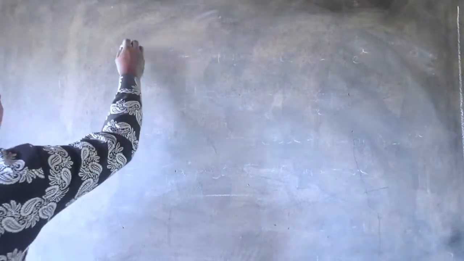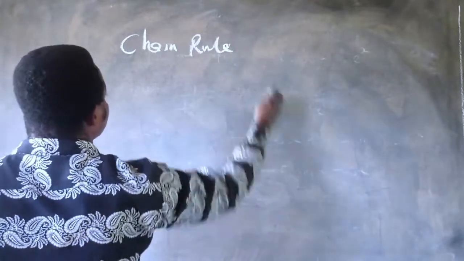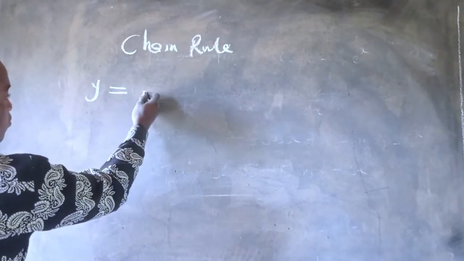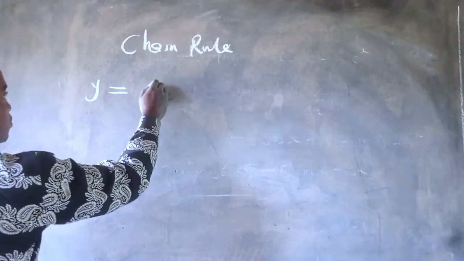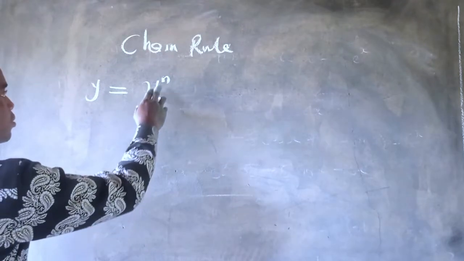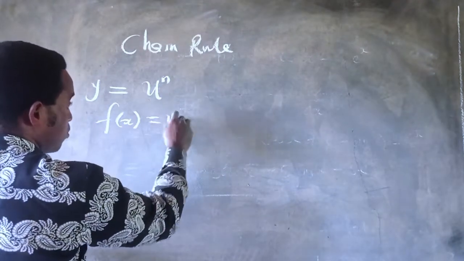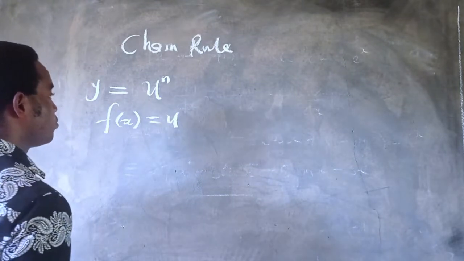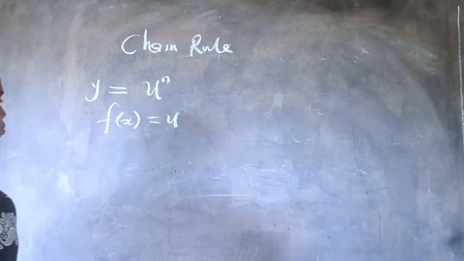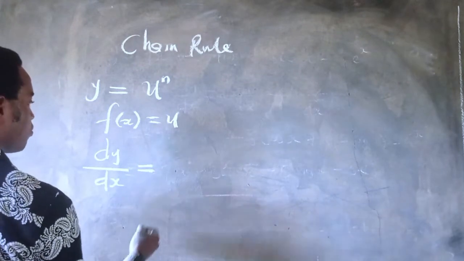Now let's move on to something very important. Chain rule. These are problems of this form where you have y equals u to the n power. Remember, u is a function of x, but the function of x has a power other than 1, which is the usual.